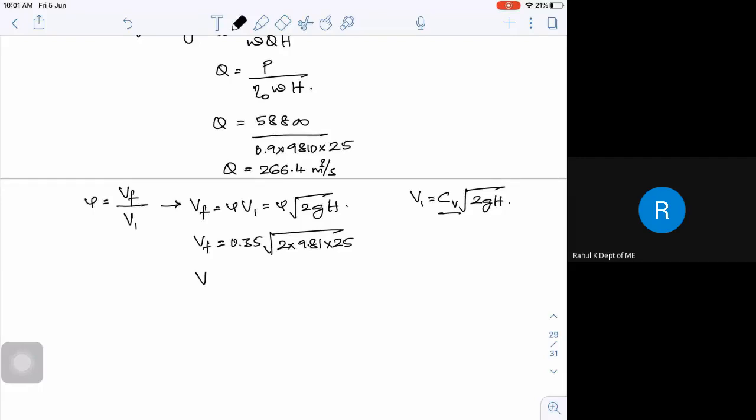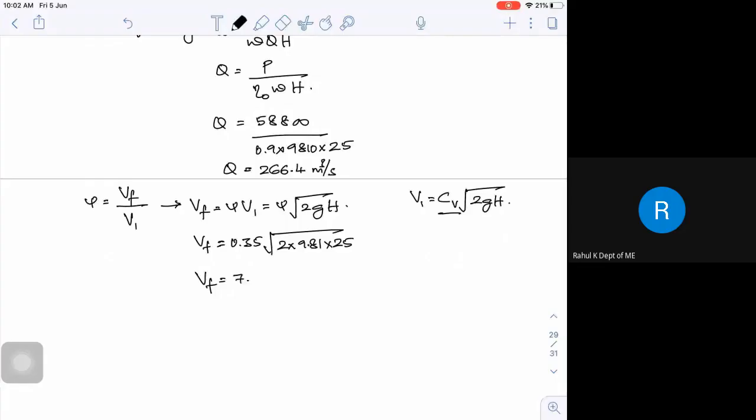So I'll be getting my Vf as around 7.75 meters per second. This is my Vf.